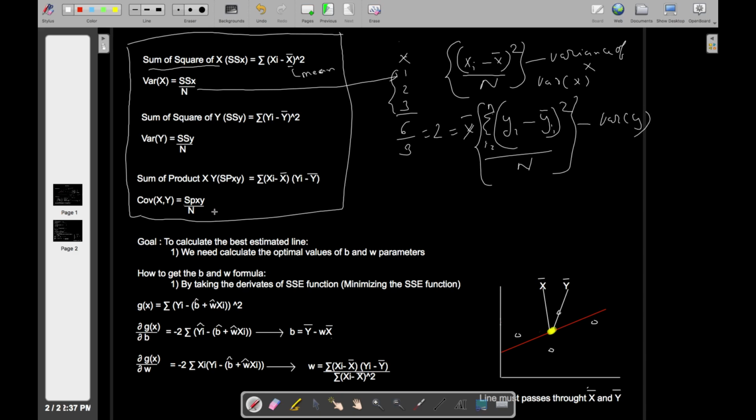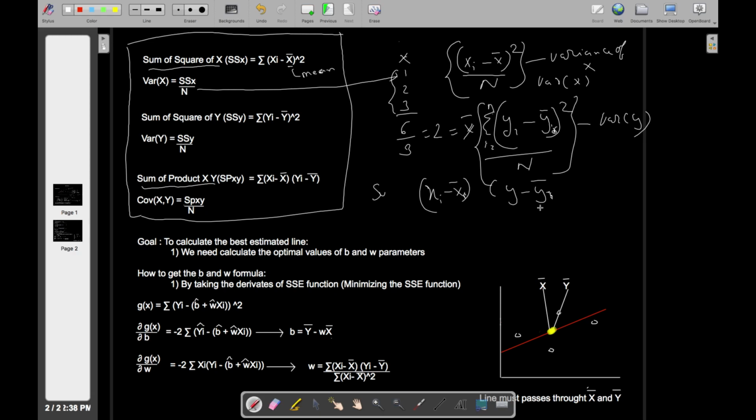Okay. Another point which I want to tell you about is the product of x and y. So we have x bar, which is the mean of all the values of x, and y minus y bar. So not this, the i should not come here actually, because we have only one value, right?